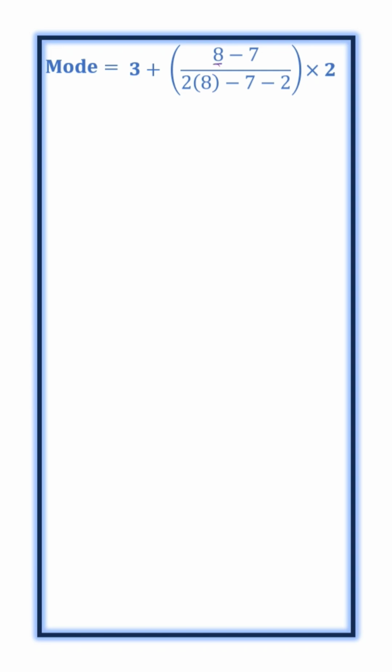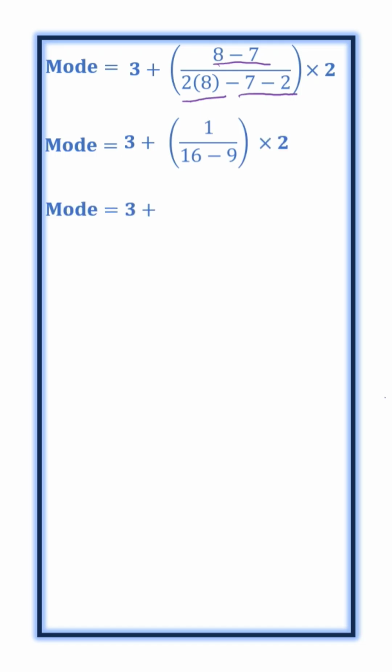8 minus 7 is 1. 2 into 8 is 16, minus 7 minus 2 is minus 9. Let us write into 2. Here mode is equal to 3 plus 1 by (16 minus 9) into 2. 16 minus 9 is 7, into 2.